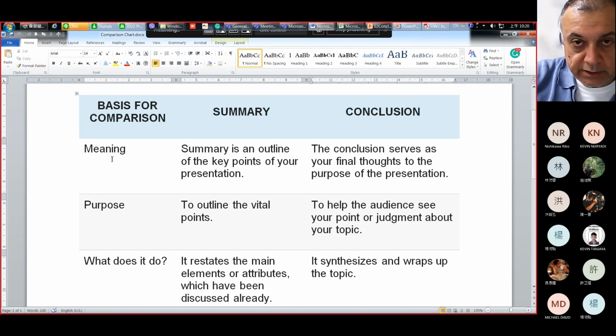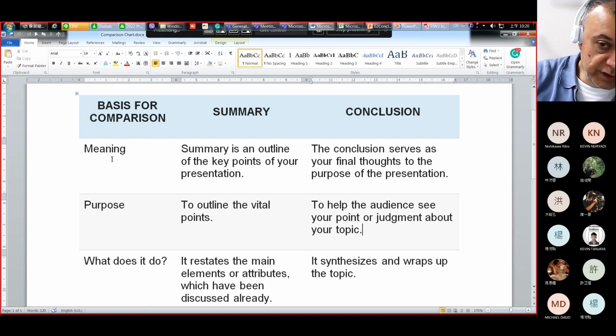The conclusion, however, is your understanding of the whole situation. Just like you saw in today's presentation from your classmates, they have a presentation of the data, right? This is what we find, this is what we find. And they had a conclusion because some of the hypotheses did not work.